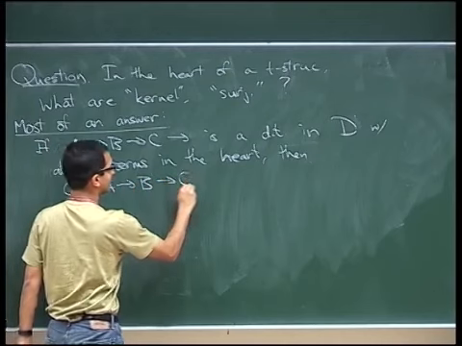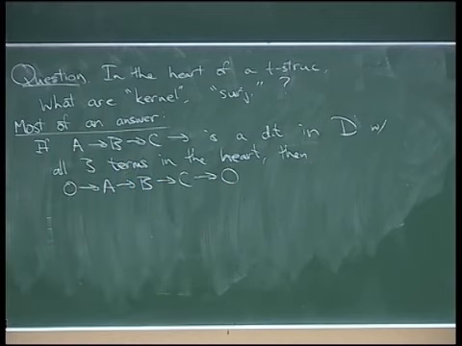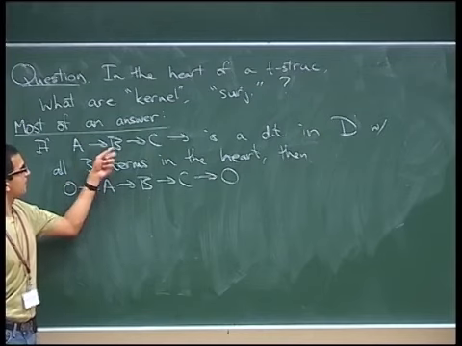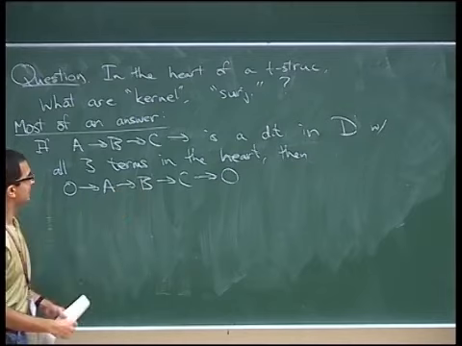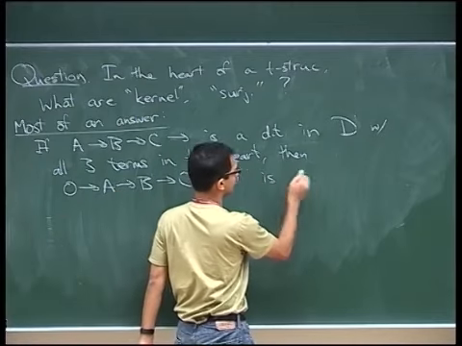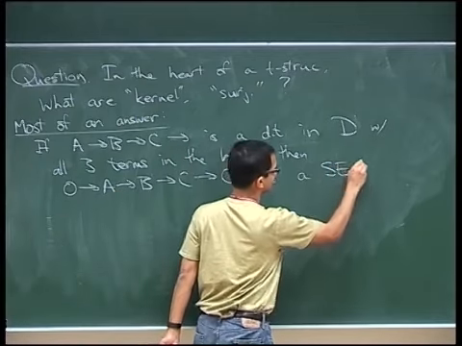I mean, what I'm doing kind of looks like I'm not changing the maps between A and B or between B and C, but I'm sticking a 0 on the beginning and the end, and then this turns out to be a short exact sequence.